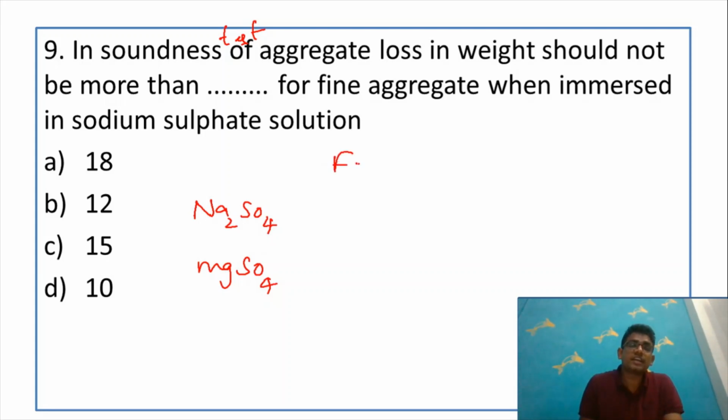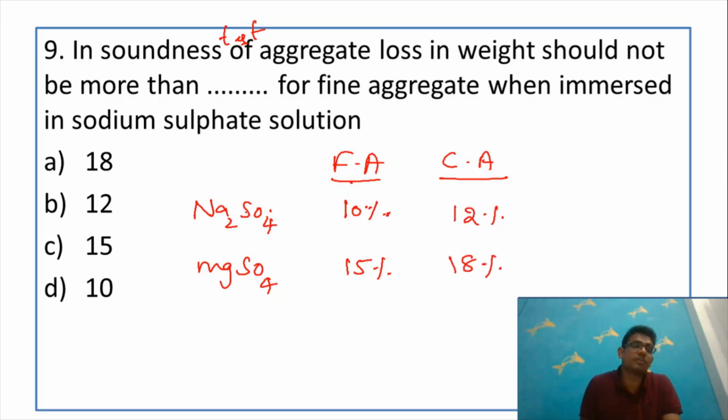And you can conduct this test for either fine aggregate or coarse aggregate. If you are conducting the test for fine aggregate in the Na2SO4 solution, then loss in weight should not be more than 10%. And if you are conducting the test for fine aggregate in the MgSO4 solution, loss in weight should not be more than 15%. Similarly, for coarse aggregate, loss in weight should not be more than 12% and 18% in the soundness test.